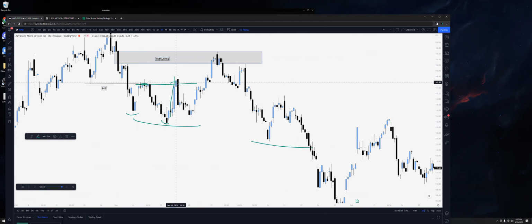That broke structure came right back down into a demand zone right here, and we saw the run right back up. But don't forget how the higher time frame looks. Remember, we're bearish. The strong low has been broken on the bigger picture, but on the lower picture, it's going to tell you something different.